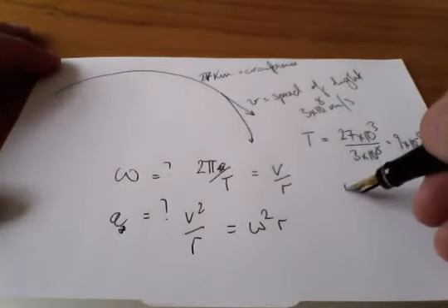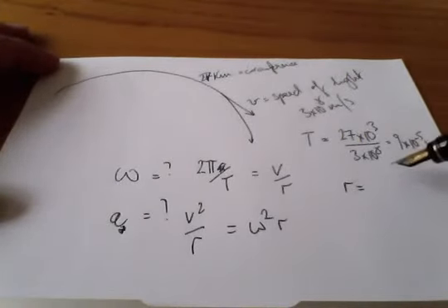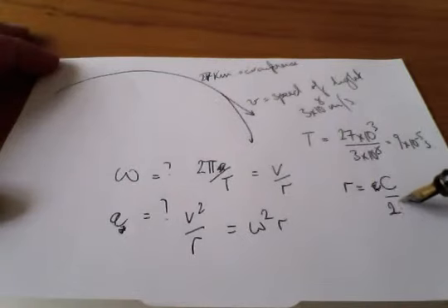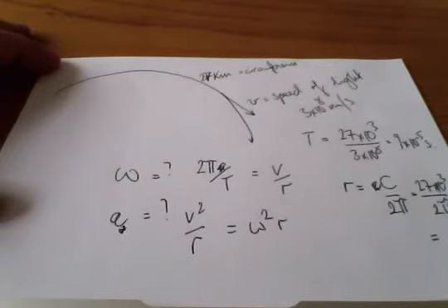Now r is going to be the circumference divided by 2 pi. That's just a big C, circumference divided by 2 pi, which gives me 27 times 10 to the 3 over 2 pi, which gives me 4.3 kilometres.